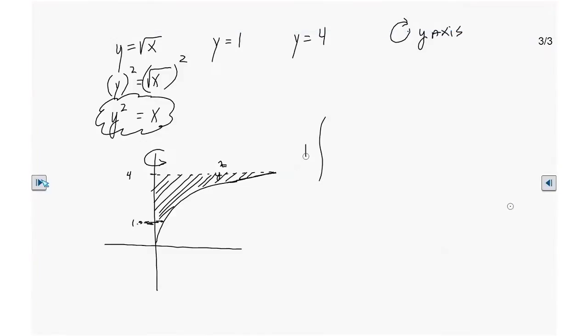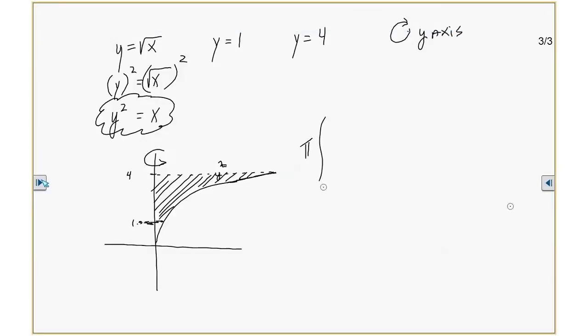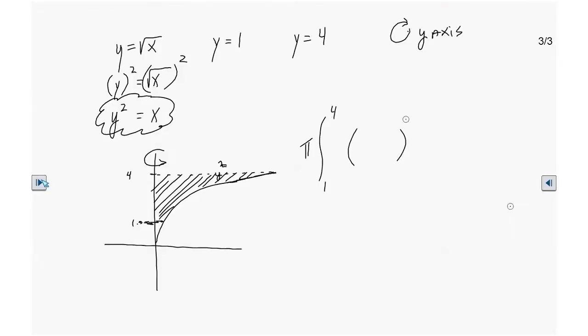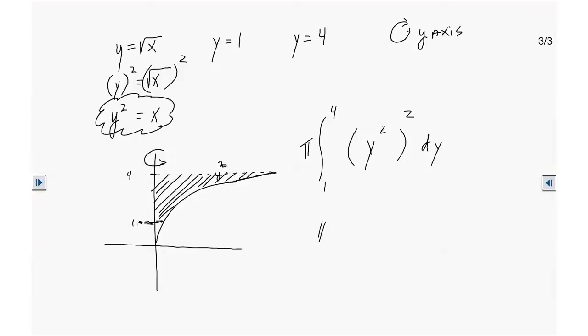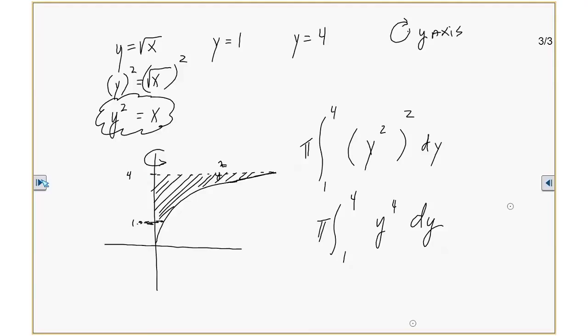Pi, 1 to 4, of something squared dy, and that's going to be what? Pi times y squared squared. So pi, antiderivative from 1 to 4 is y to the 4th dy. Finish it out.